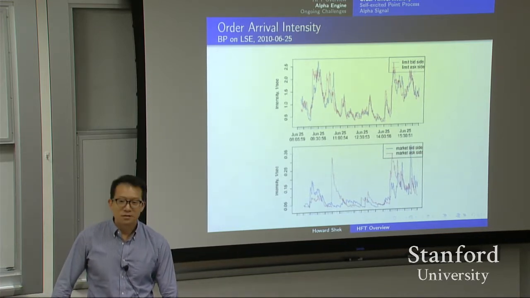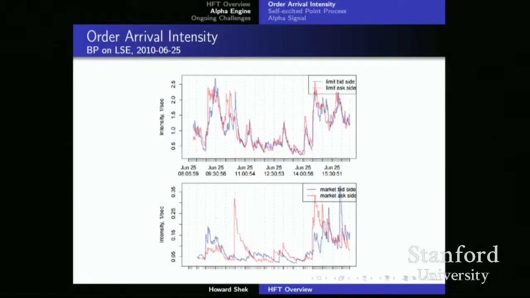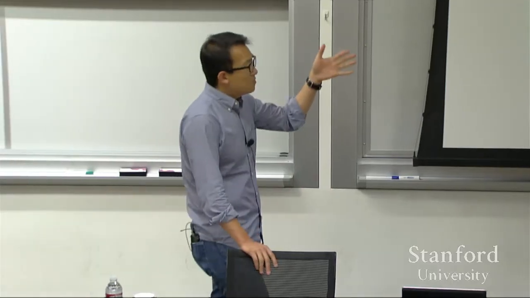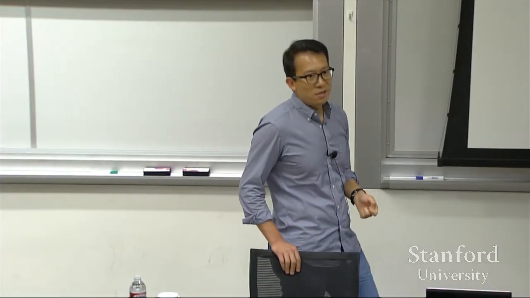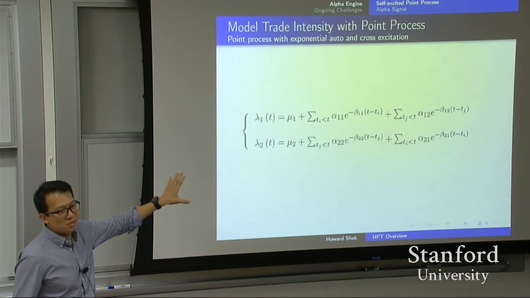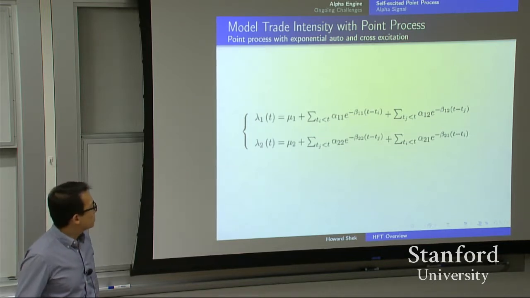So what's a useful framework to quantify this intensity process? How do we model this? It turns out that a point process is quite well suited to model intensity processes. Here, lambda 1 and lambda 2 are the arrival intensities for the buy side and sell side, and the mu's are the base intensity of the two sides.